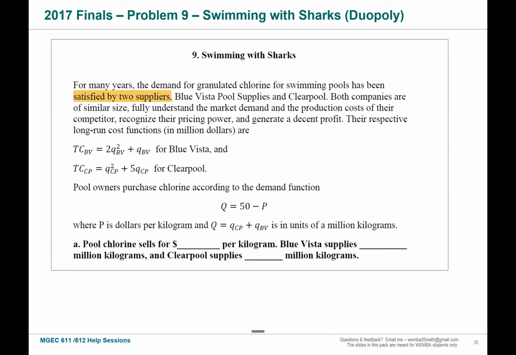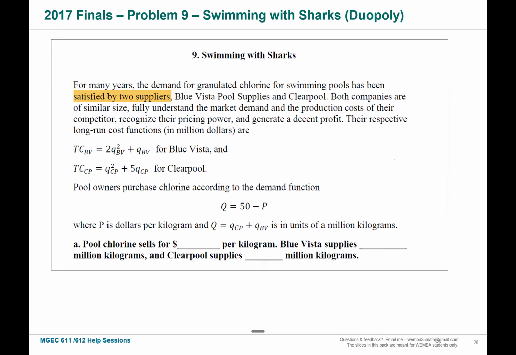Both companies are similar size, fully understand the market demand and the production cost of their competitor, recognizing their pricing power and generating a decent profit. Their respective long-run cost functions are given. So the two firms' cost functions are given.